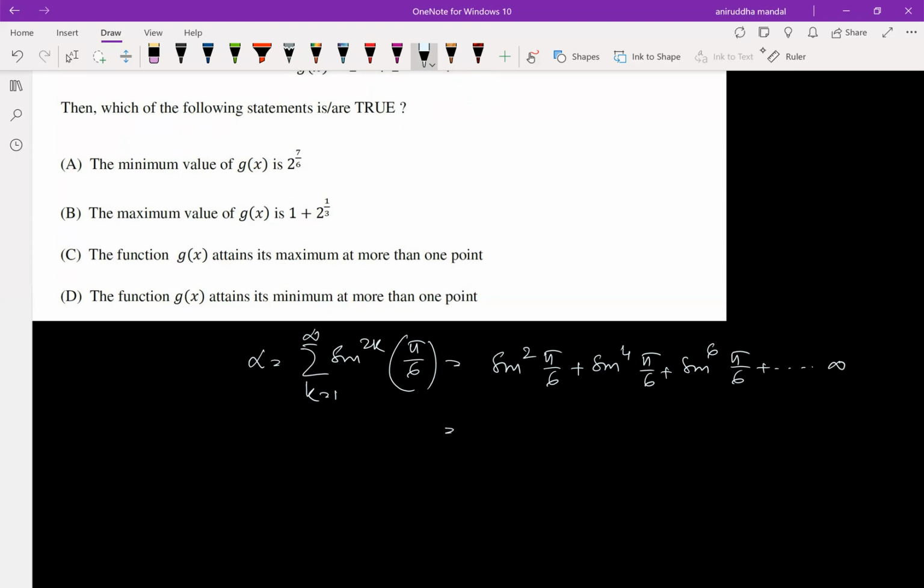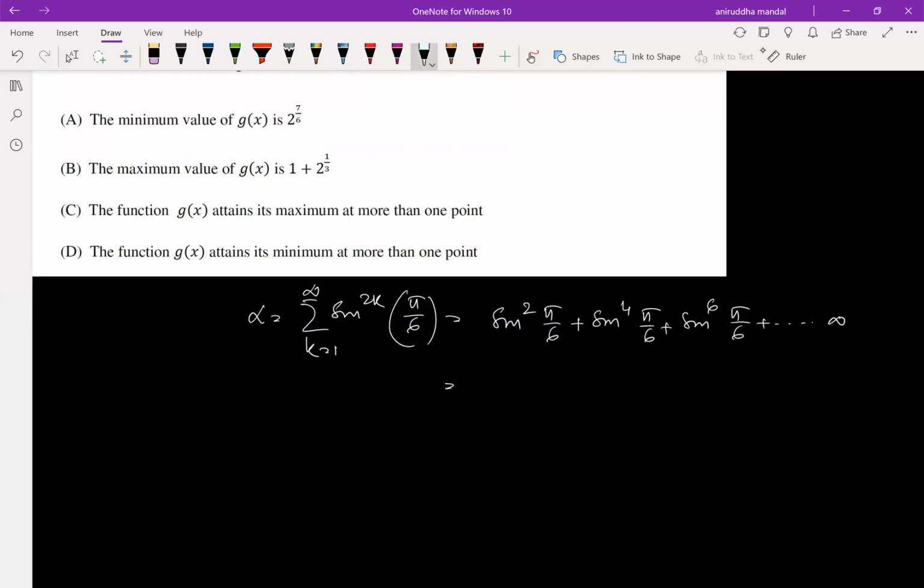So this is nothing but simply a GP. The sum of the GP is first term a by 1 minus r. The first term is sine square pi by 6, and the common ratio is also sine square pi by 6. So in the denominator we have cos square pi by 6, and in the numerator we have sine square pi by 6. So it is nothing but tan square pi by 6.